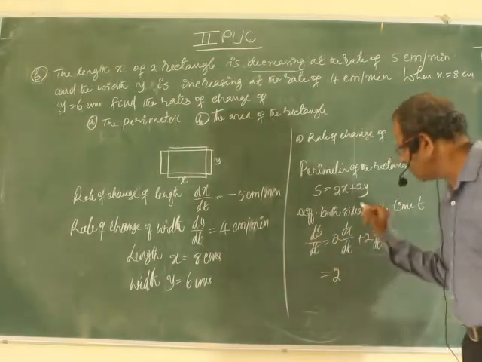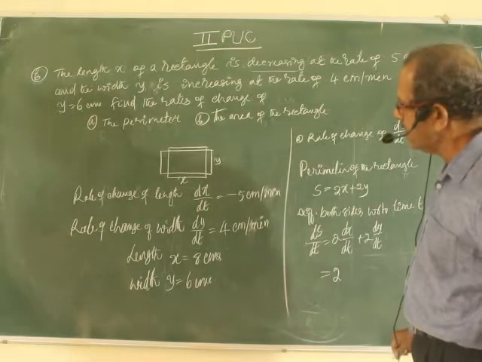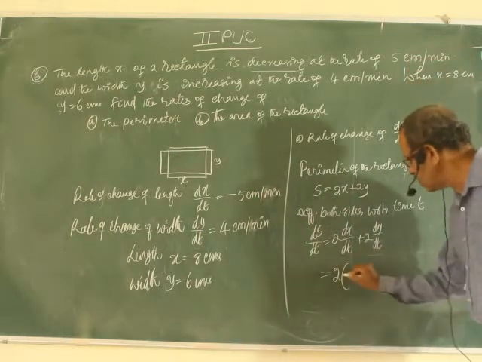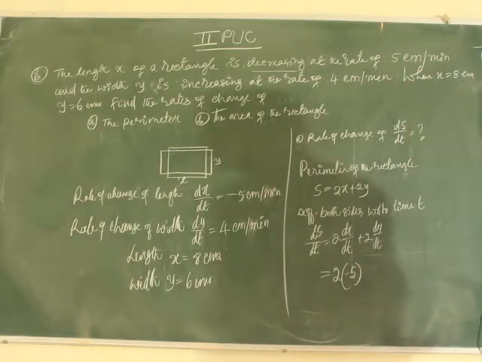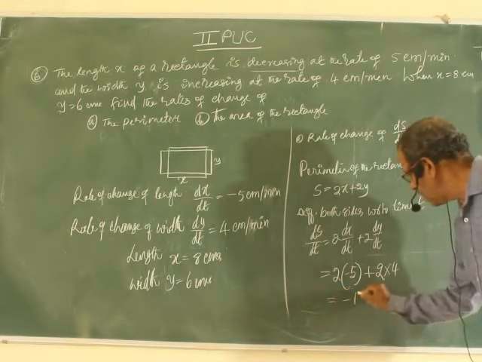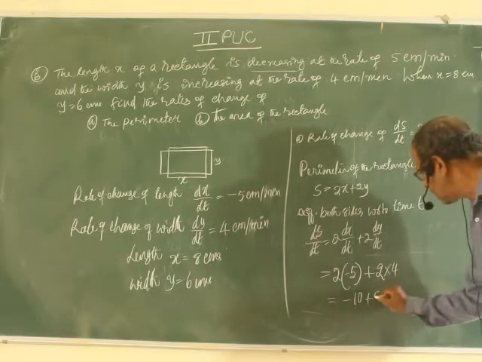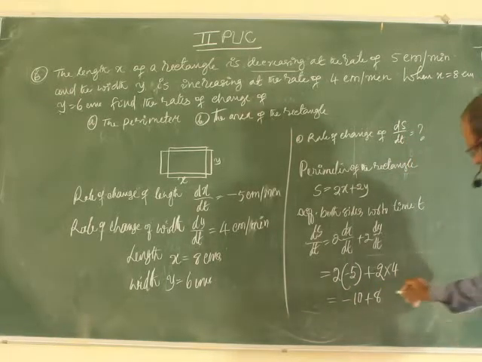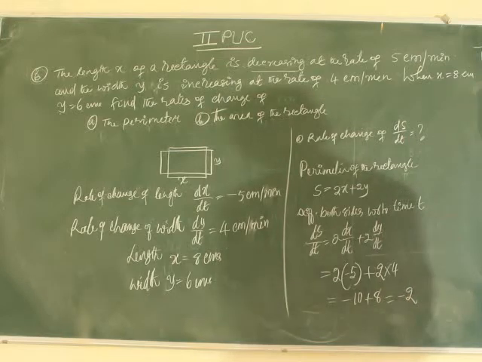2 into dx by dt, given minus 5, minus 5, plus 2 into dy by dt, 4. Or it is minus 10 plus 8, minus 2.